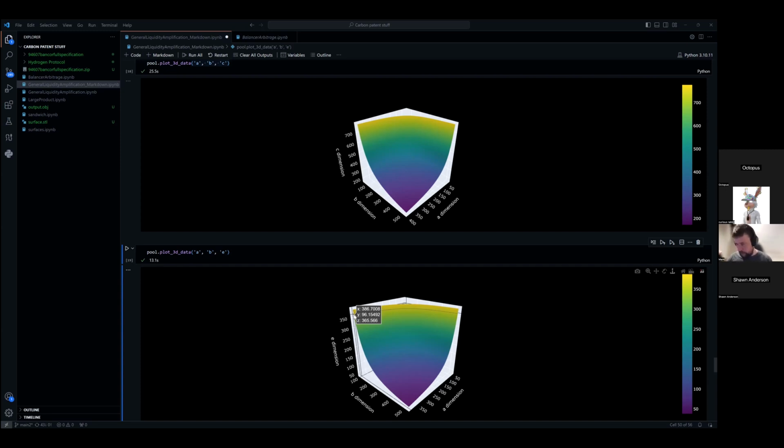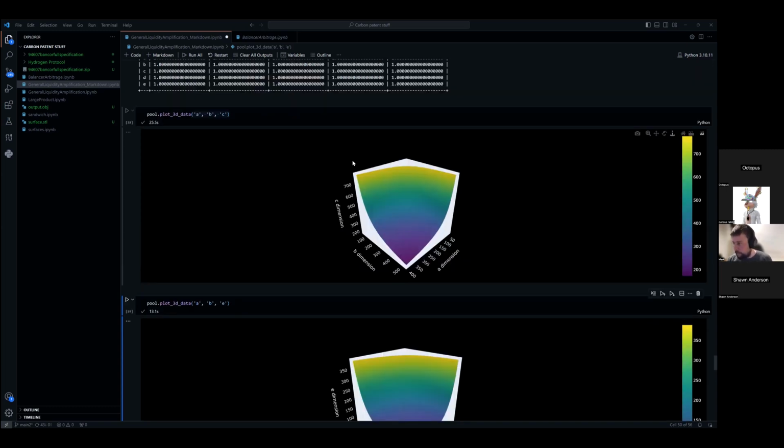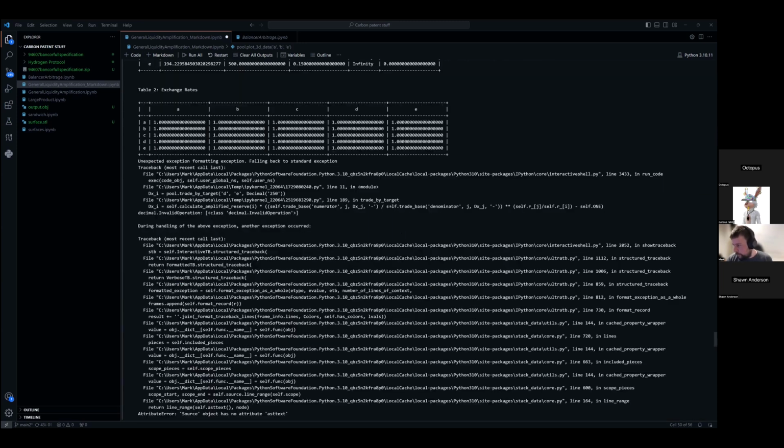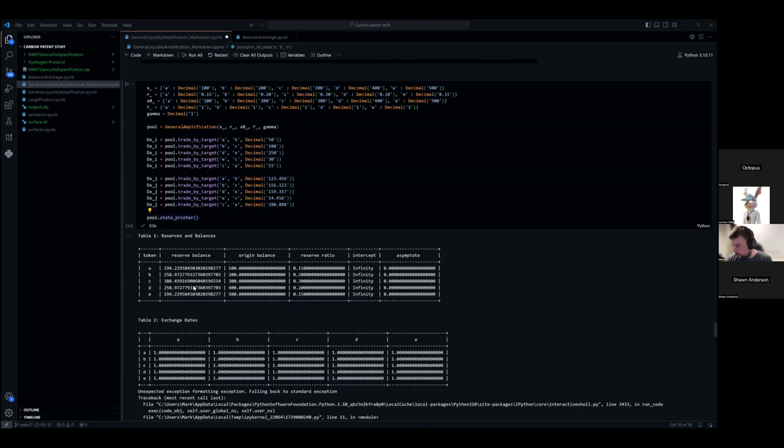So the rate at which the gradient changes can be much faster or much slower depending on the reserve weight, right? The only difference between these 2 things is that the reserve ratio of C is 0.3, whereas the reserve ratio of E is half that.